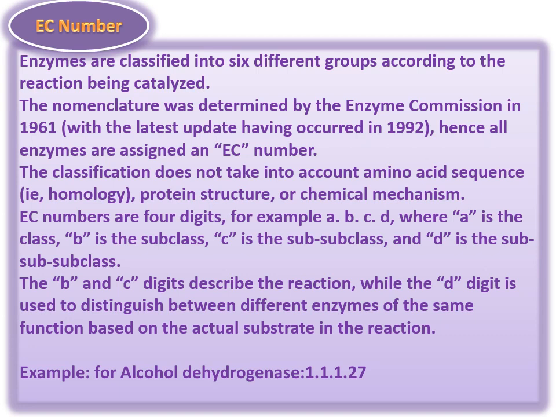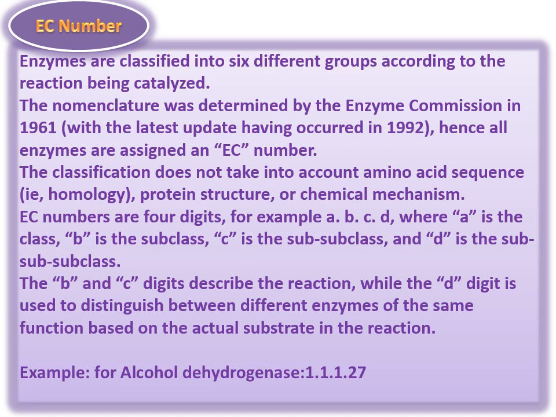Now we see the example of alcohol dehydrogenase. It has the EC number 1.1.1.27. The first number 1 is the class, that is oxidoreductase.